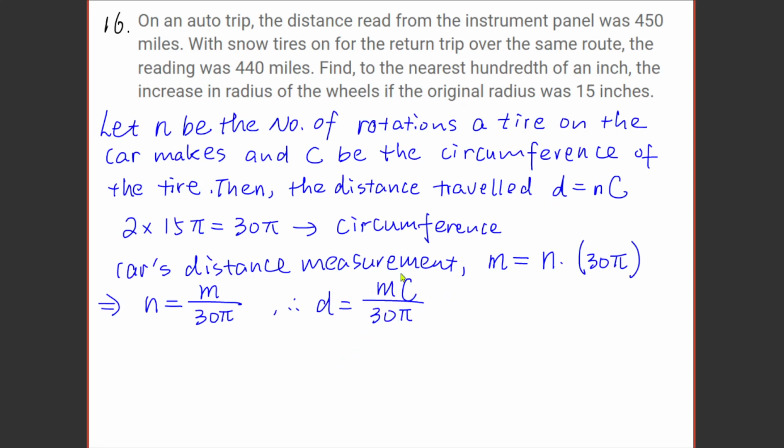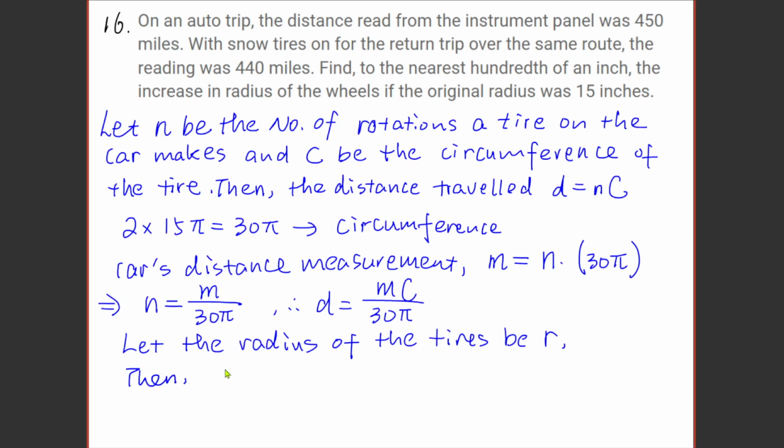So let the radius of the tires be r. We have c equals 2 pi r, right? So d equals m c, which is m times 2 pi r over 30 pi.